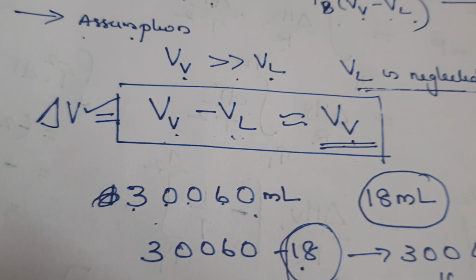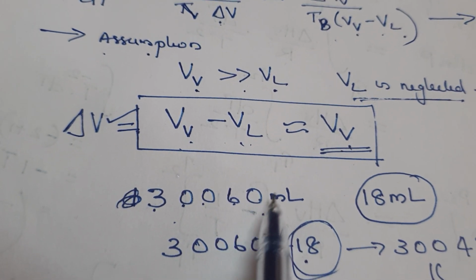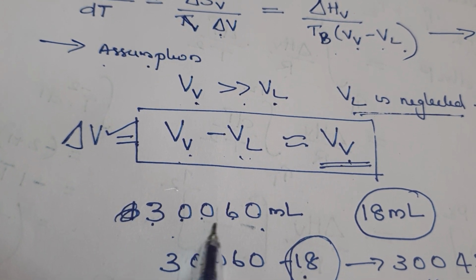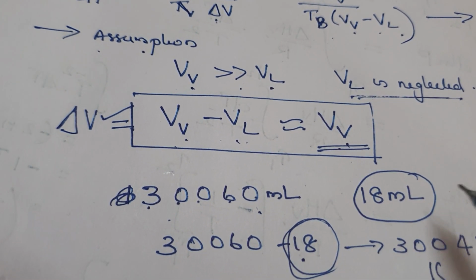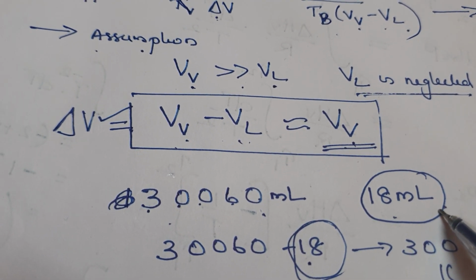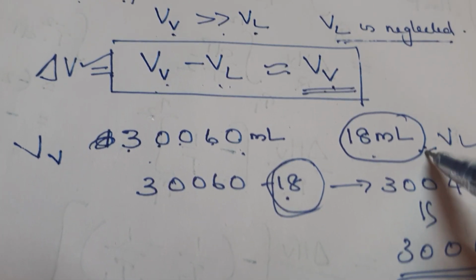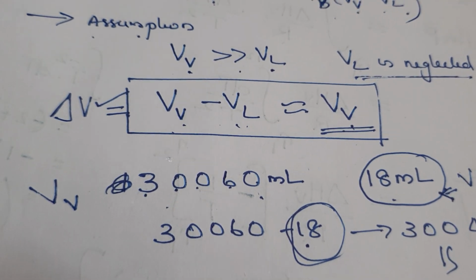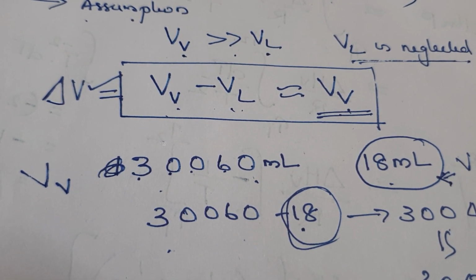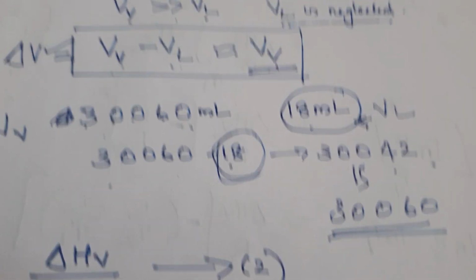For example, if you take the case of water at a particular temperature, the vapor's volume is 30,060 ml, and the corresponding liquid's volume is only 18 ml. This is the volume V_V and this is the volume of the liquid. If you take 30,060 minus 18, it comes as 30,042. That is a very small difference.